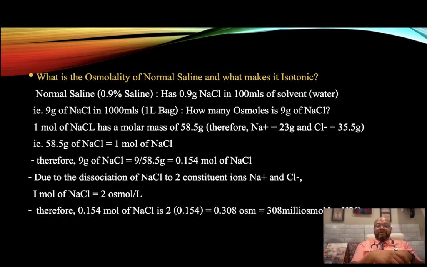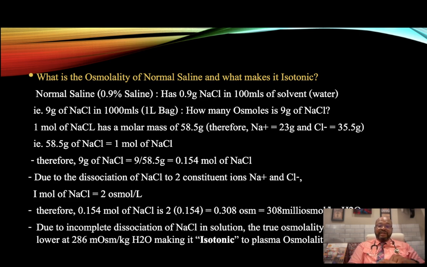So therefore, the 0.154 mole of normal saline that we calculated is 2 times 0.154, which is 0.308 osmoles, which is also 308 milliosmoles per kilogram of water. And that should be the osmolarity of normal saline, except, of course, due to the incomplete dissociation of the normal saline in solution.